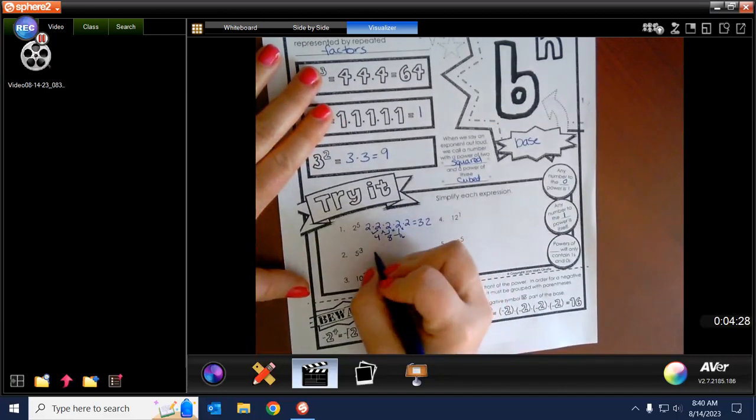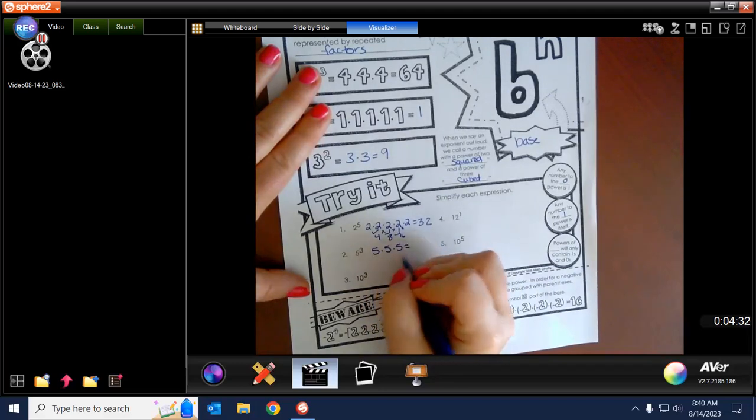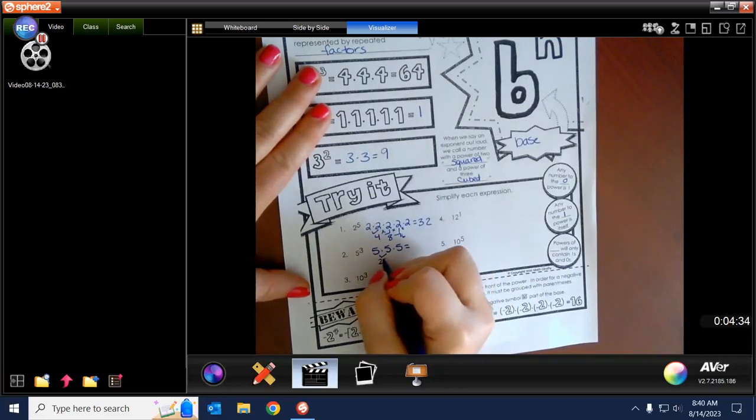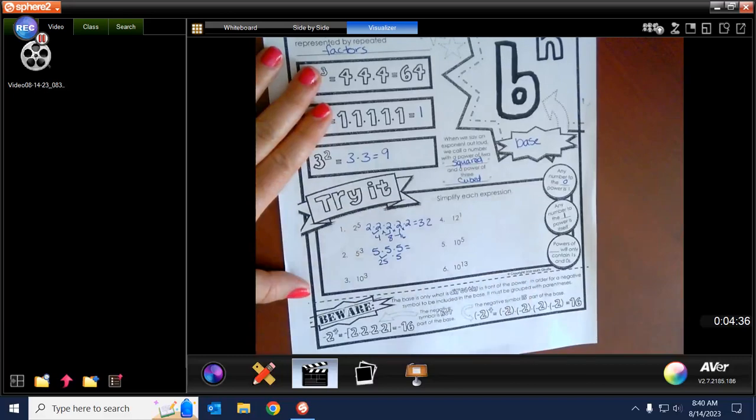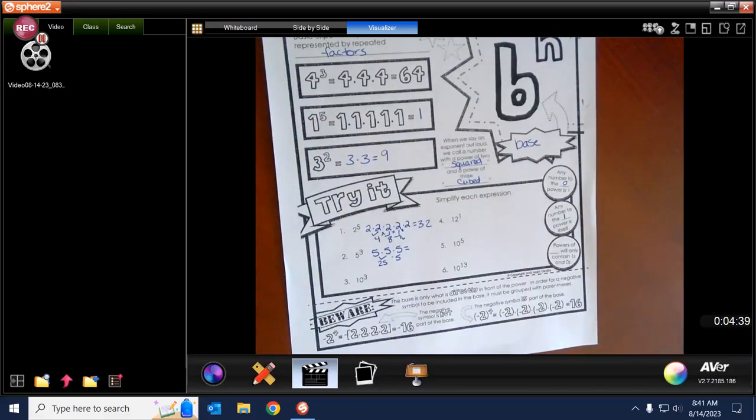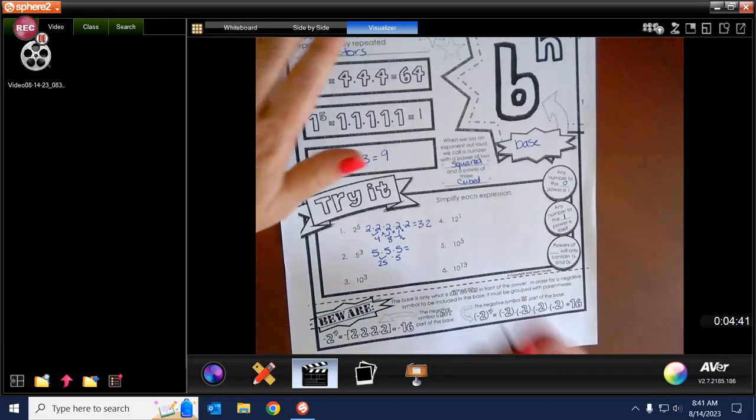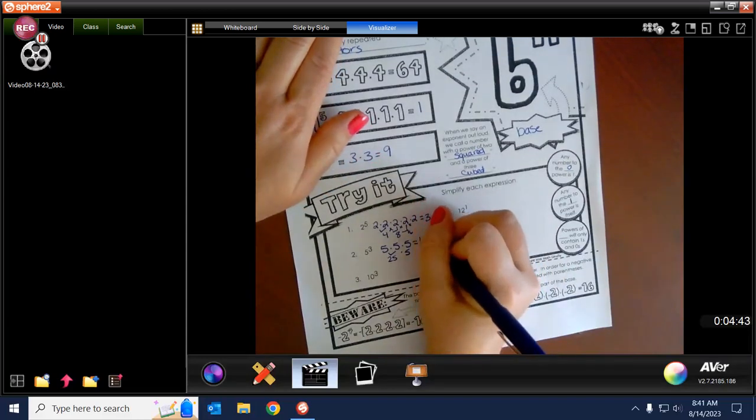Once you've done 2 and 3, it should look like this. 5 times 5 times 5, where 5 times 5 is 25, and 25 times 5 equals 125.